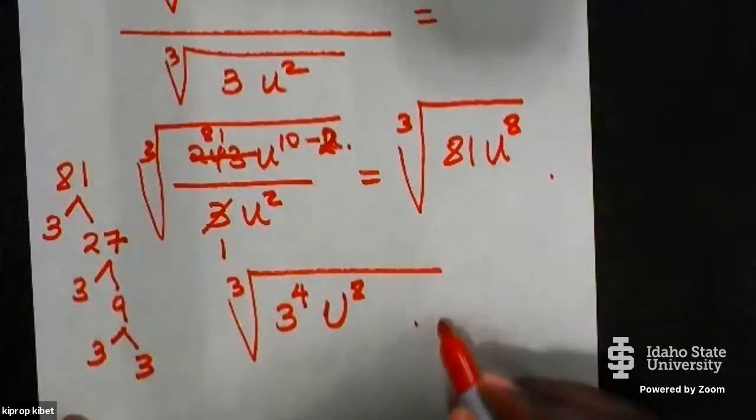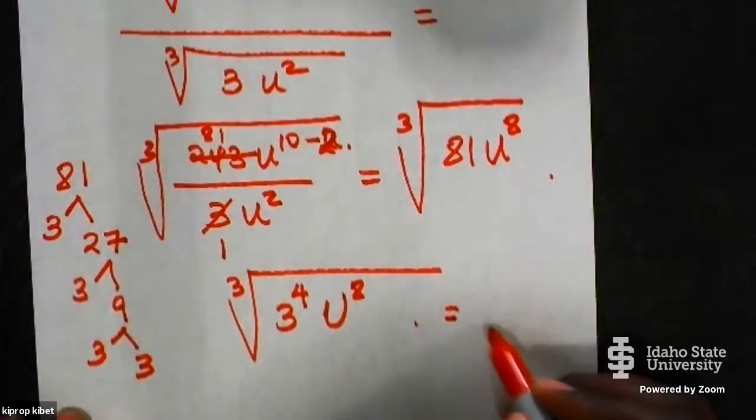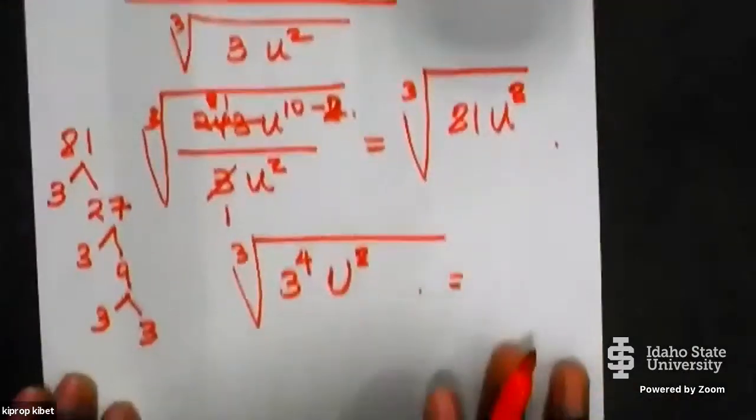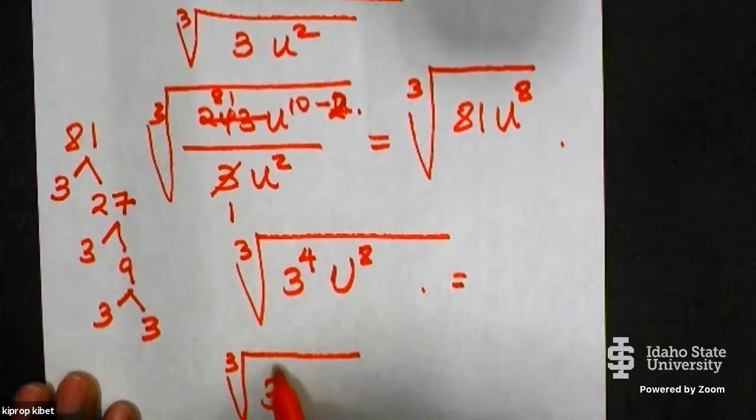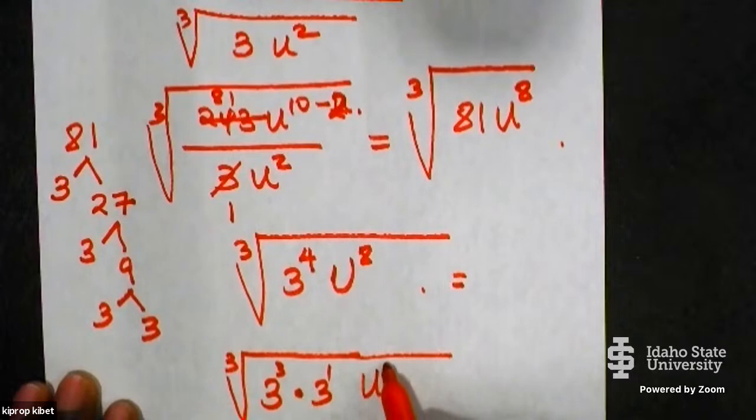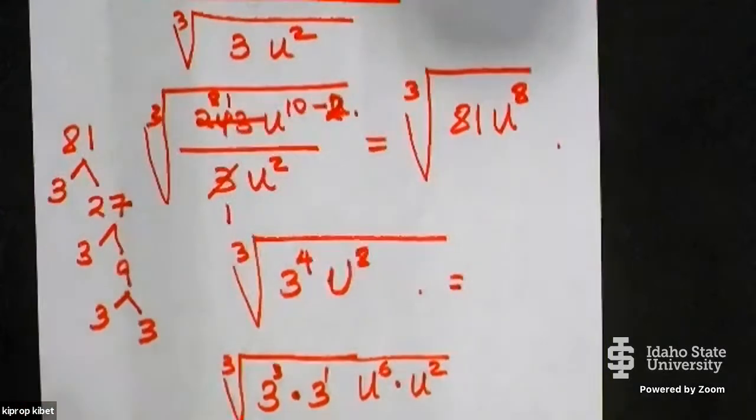And this is also similar to the cube root of 3 raised to 3, multiplied by 3 raised to 1, right? And then u raised to 6, multiplied by u raised to 2.